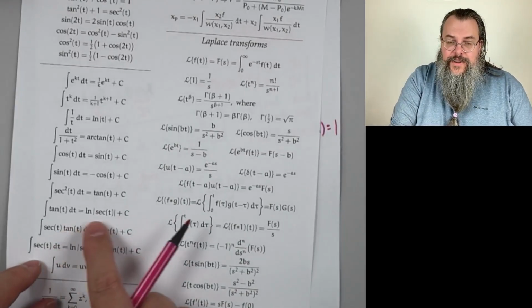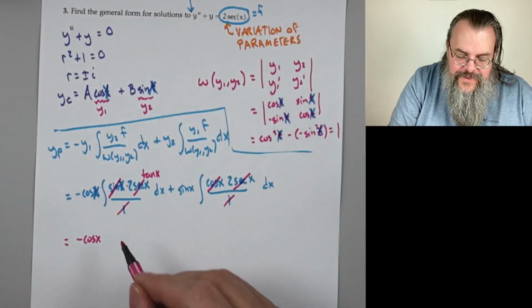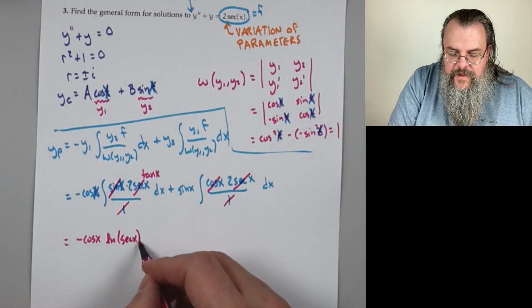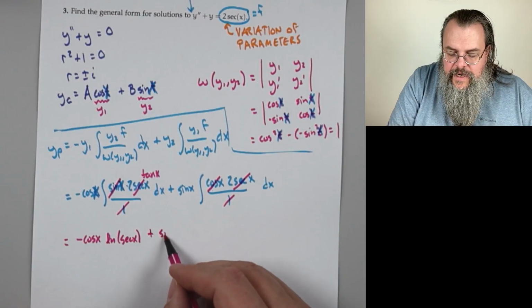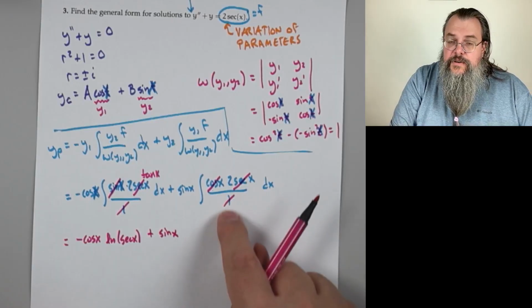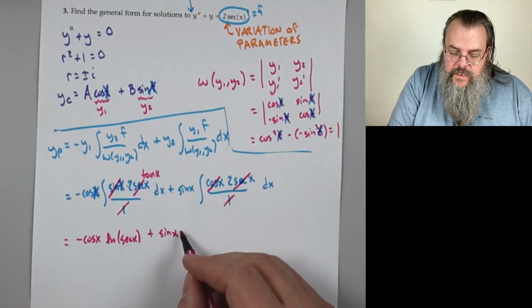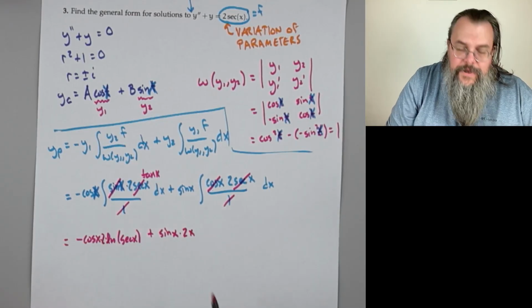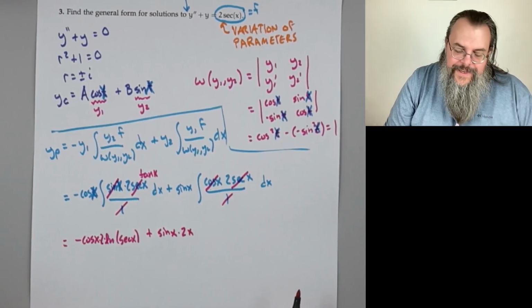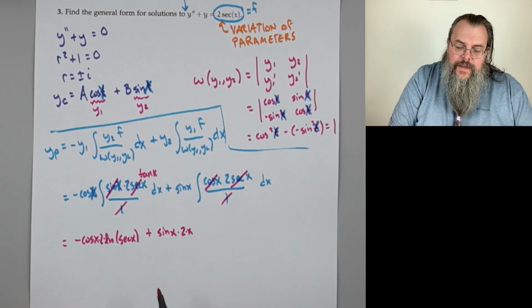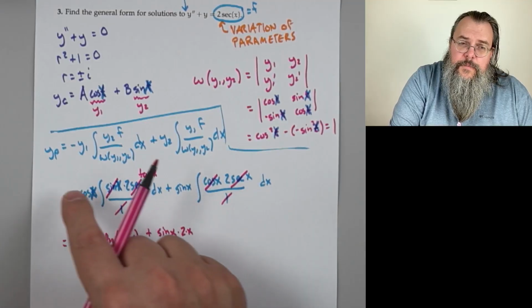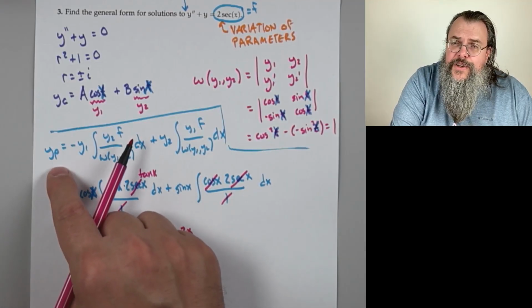Integral of tangent is log secant. So it's minus cosine of x log secant of x. And then it's plus sine of x, and here the integral of 2 would be 2x. Whoops, I forgot the 2 over here. There we go. Now, we could put a plus c if we wanted to, but we're just after the particular solution for right now.